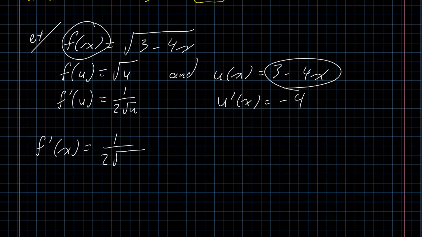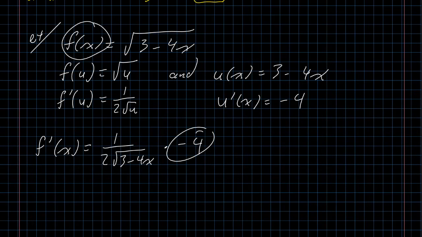U of x is 3 minus 4x, times u prime of x, which is negative 4. Right? The negative 4 and the 2 are going to reduce to get us to a final solution: negative 2 over the square root of 3 minus 4x.